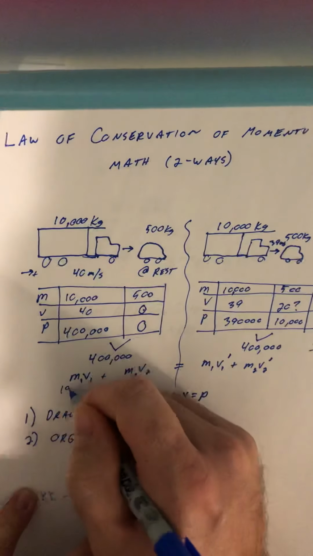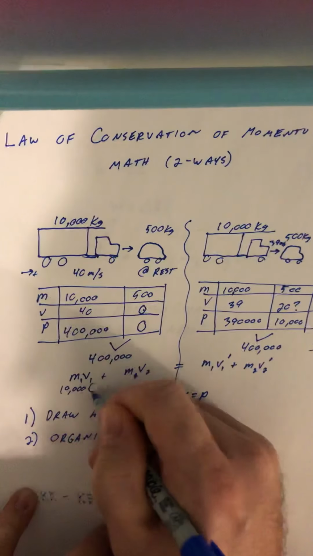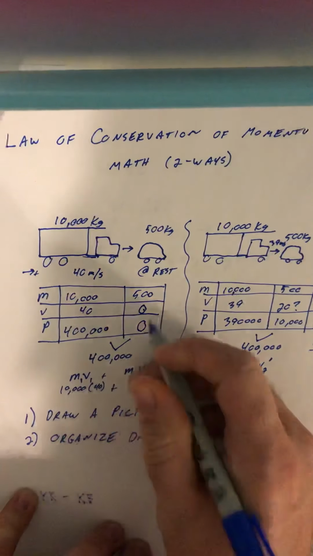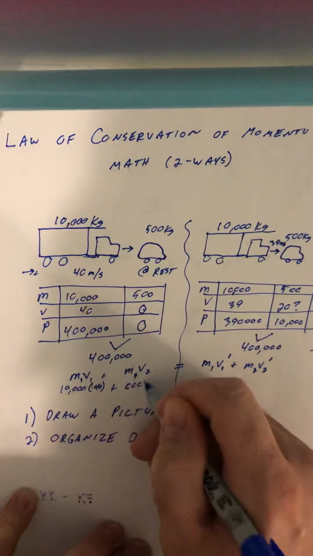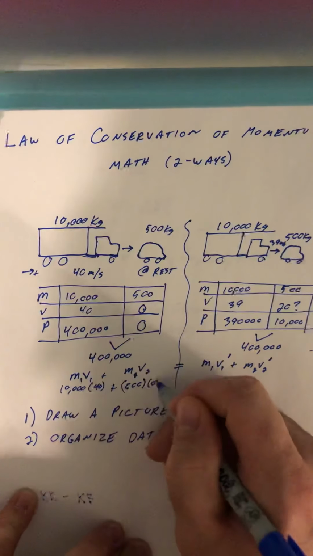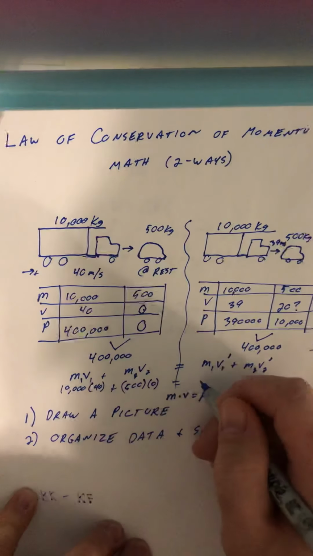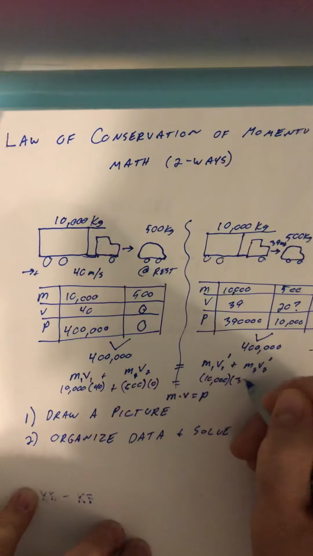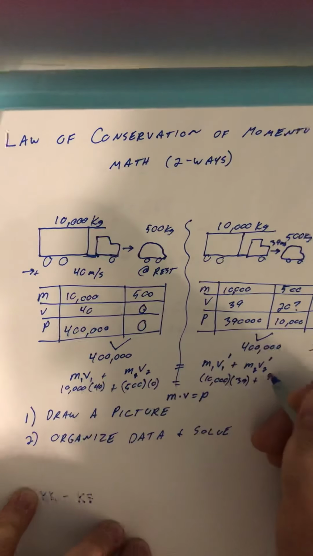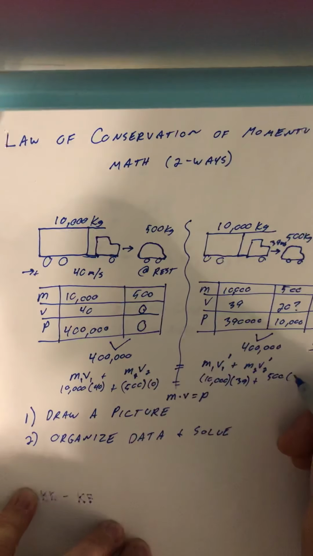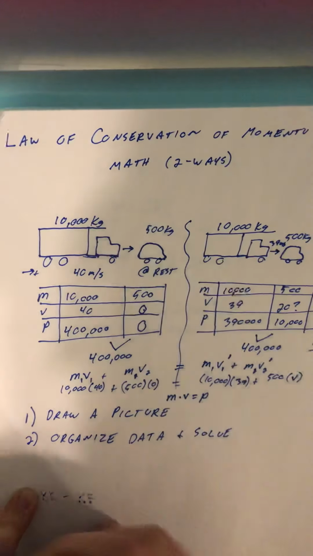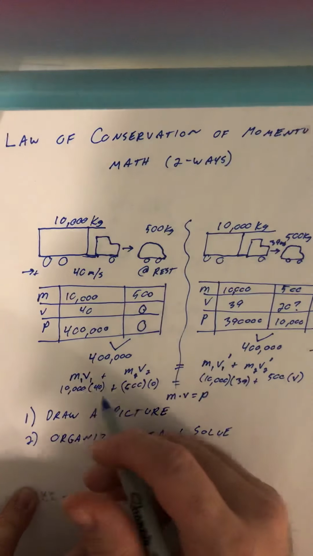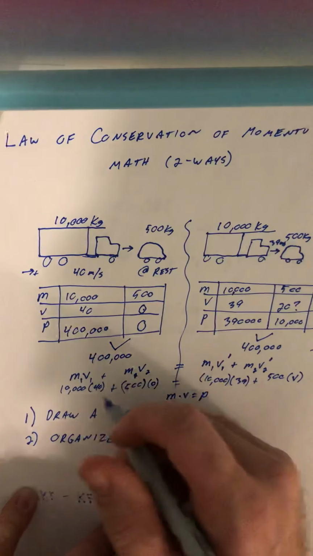So I would have 10,000 times 40 plus 500 times 0 equals 10,000 times 39 plus 500 times V. Well, I'm going to end up with the same exact situation I had.